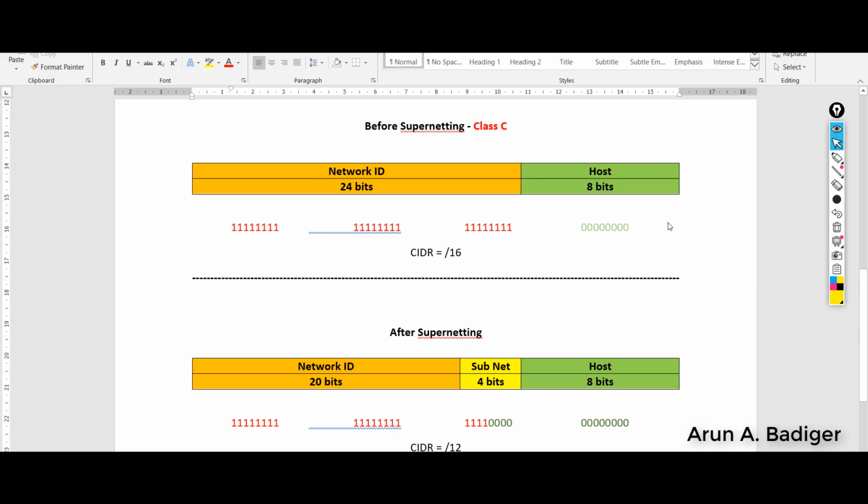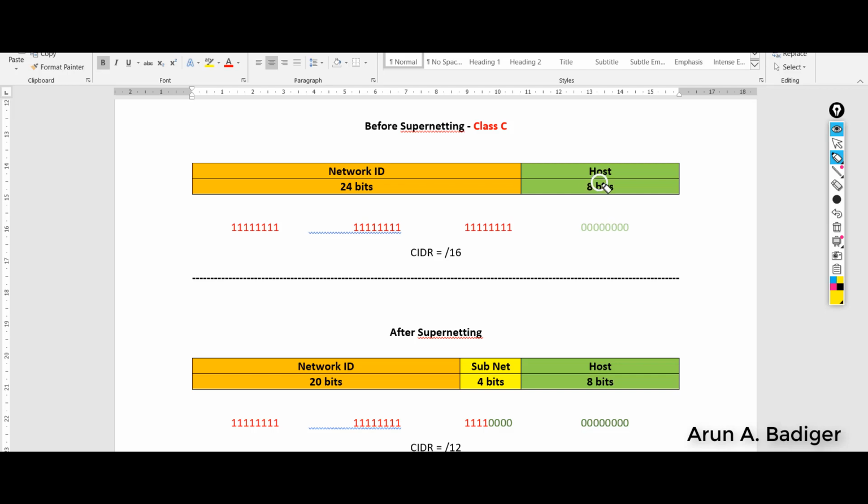Another example is supernetting. So what is supernetting? If I take the example of class C, in class C we have 24 bits as network ID and only 8 bits as host ID.